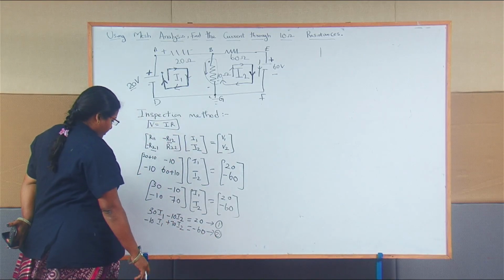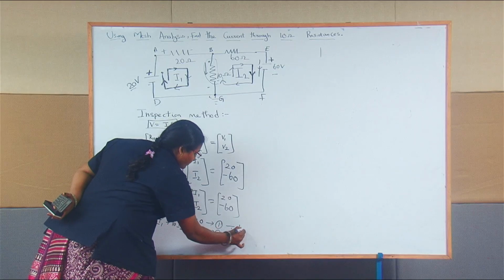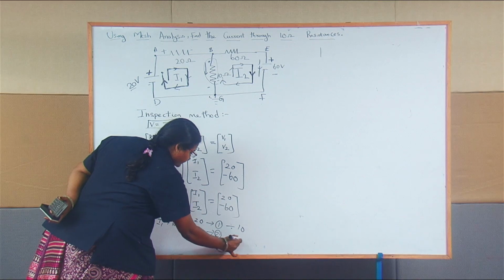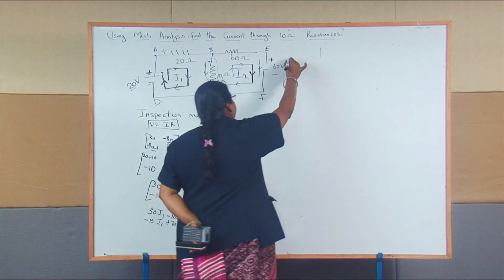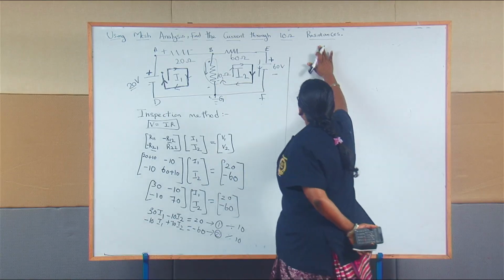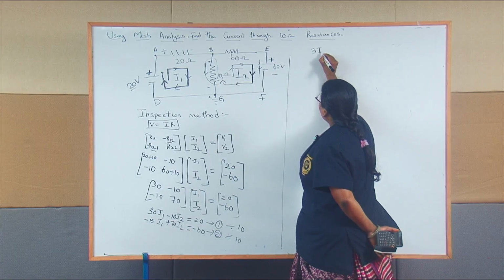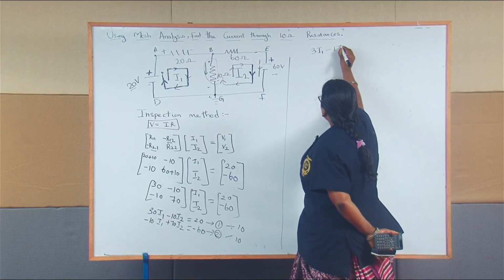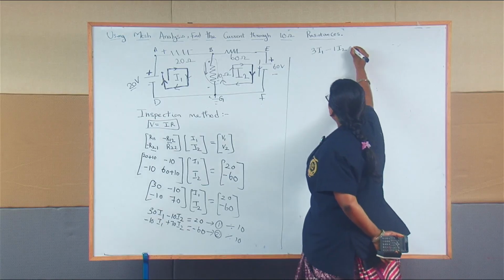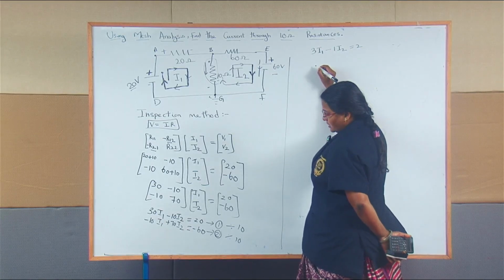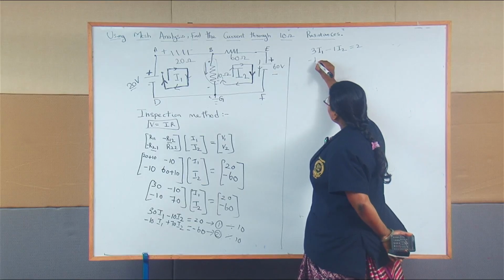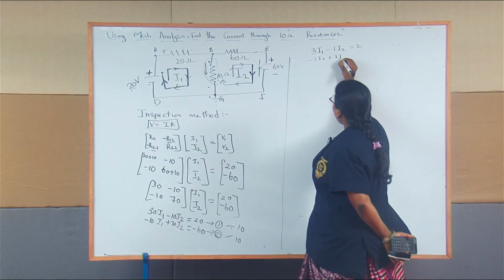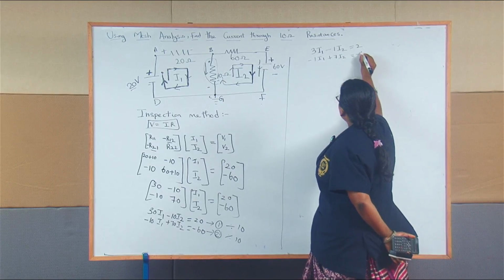I am going to divide by 10 because all the numbers are divisible by 10. So it will become 3I1 minus 1I2 equal to 2, then minus 1I1 plus 7I2 equal to minus 6.